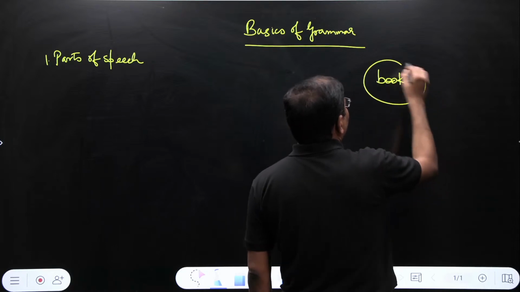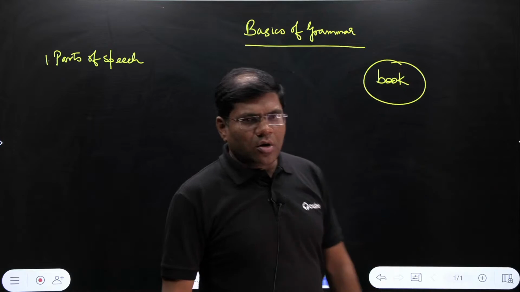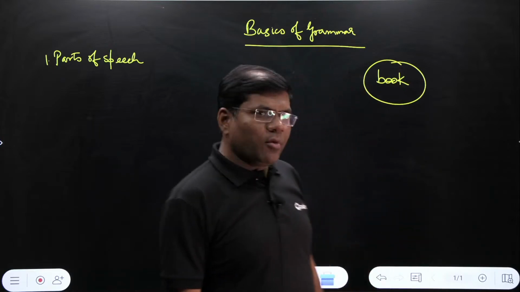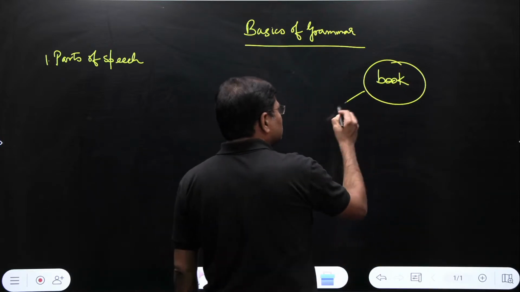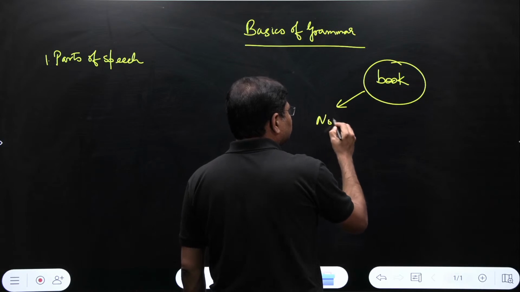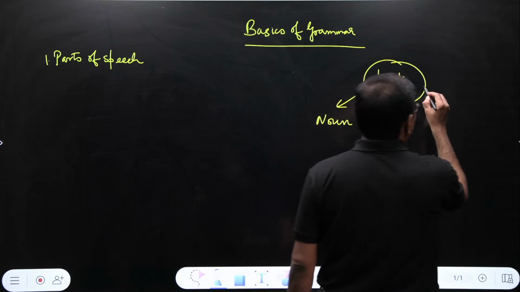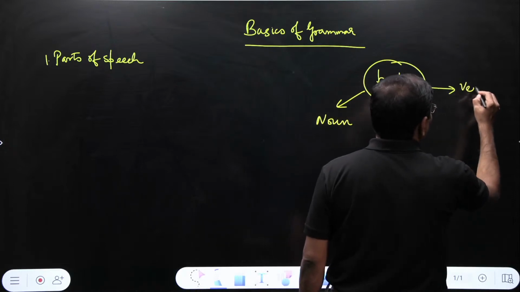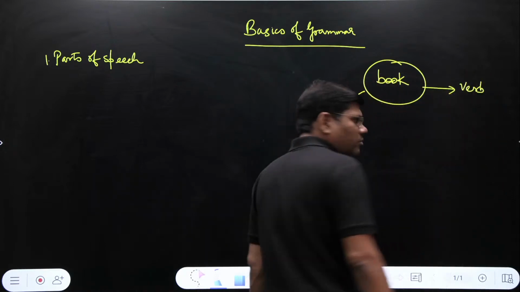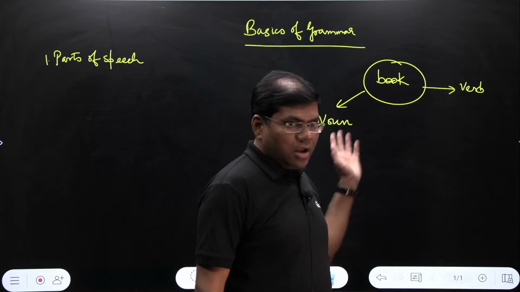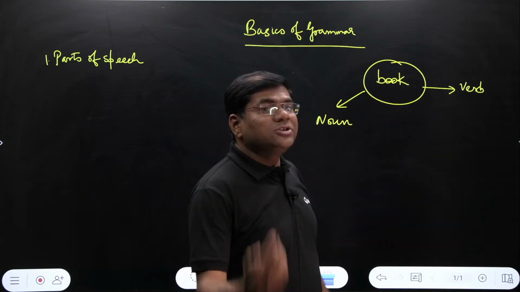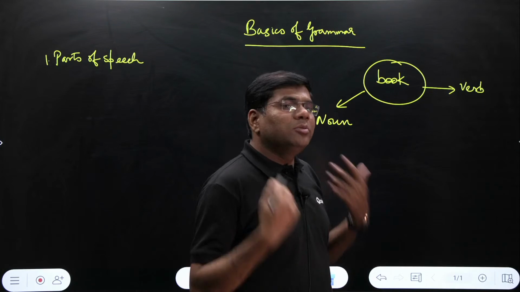What is this word? Some of you would say that this word is a noun. Some of you would say that this word is a verb. Quite possible. It can be a noun, it can be a verb. It depends upon how the word has been used.